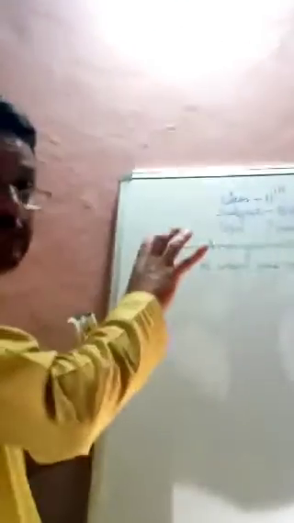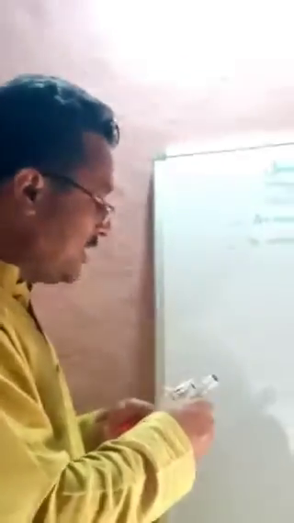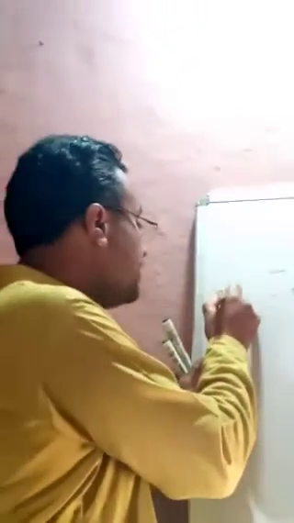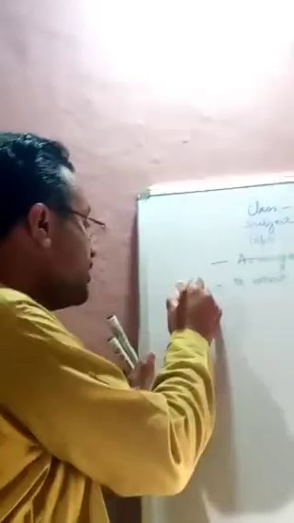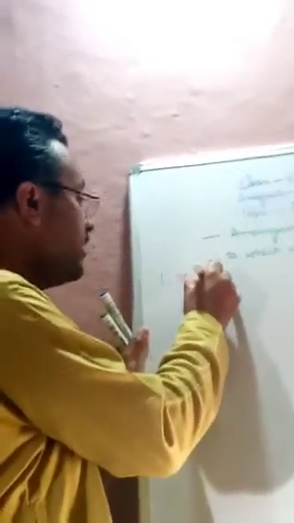Now this placentation is of different types. Different types means where the placenta is found. On that basis, we have different types of placentation, and the first one is called marginal placentation.